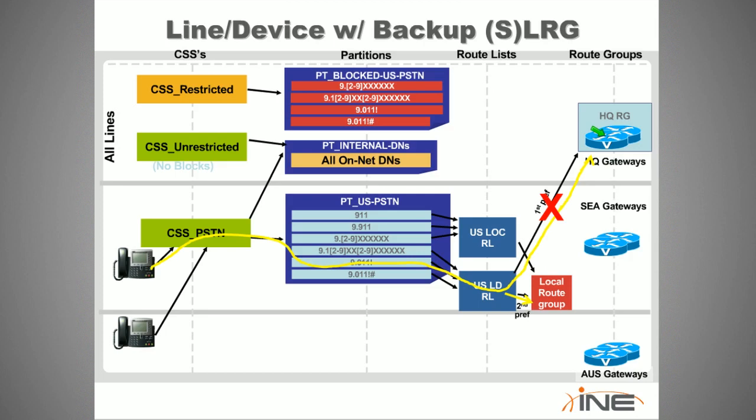We're actually not going to talk about THO today, or AAR, or call forward on register, or single number reach, or device mobility, or extension mobility, or SRST, all things that are potentially impacted by local route group. The reason we're not going to talk about them today is because we're going to get into our configuration next and make sure everything's solid on the fundamentals.